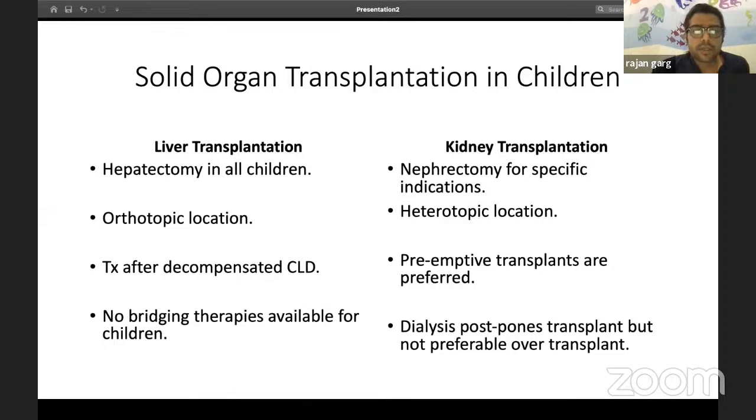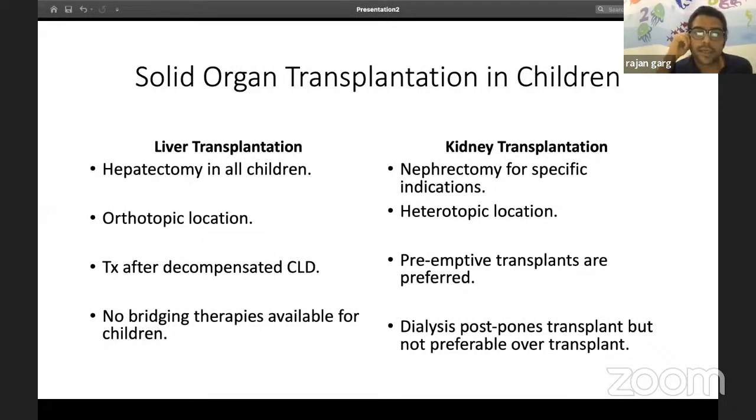And then there are very short bridging therapies available, like CRRT, continuous renal replacement therapy, which can bridge the patient till the transplant for a few days. 2 or 3 or 1 day, only a very short period of time. So there are no bridging therapies available in cases of liver transplantation. That is one difference between the liver and kidney transplants.